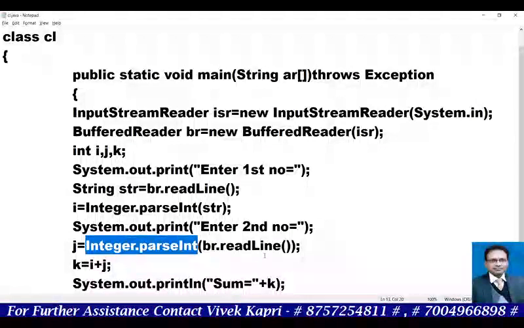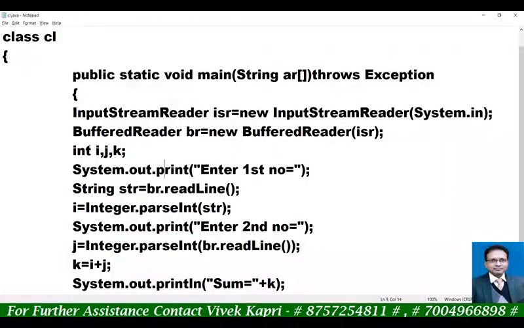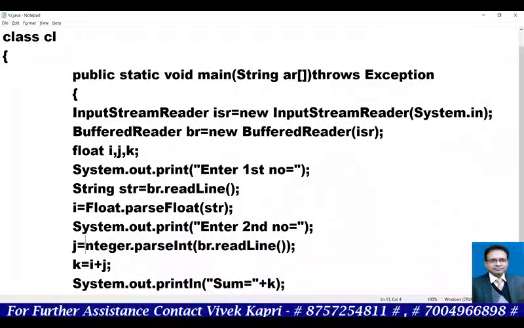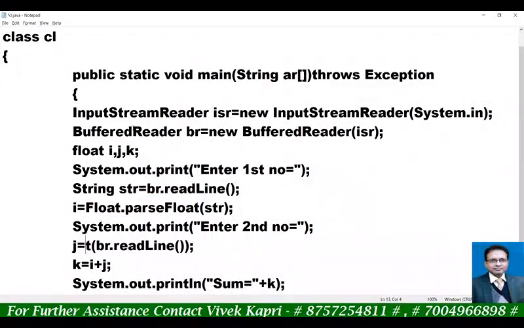Suppose you have to take input as a float, so just declare these three variables as float, and instead of Integer.parseInt, in case of float you will use Float.parseFloat. Each primitive data type has different functions and syntaxes.